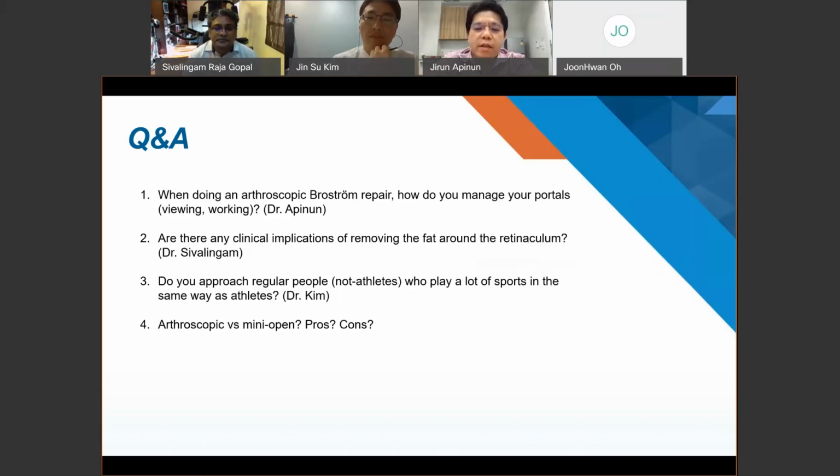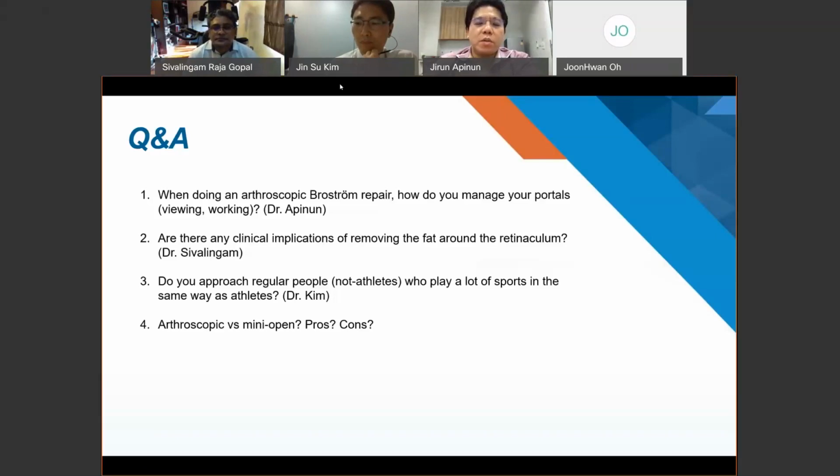Okay, I think it's my question. First, in my way of repair, I put the suture first as a shuttle. At that time, I can sense the flexibility of the ligament.